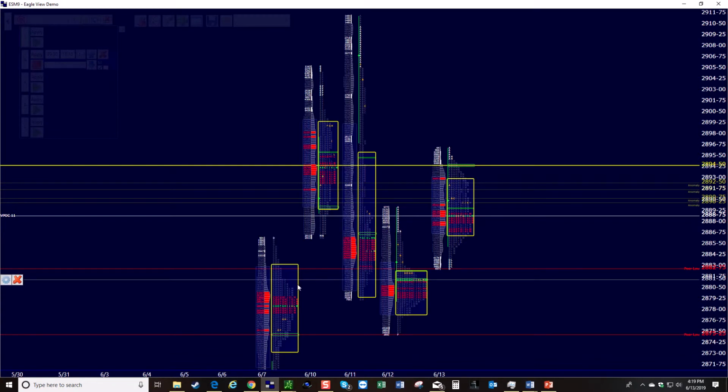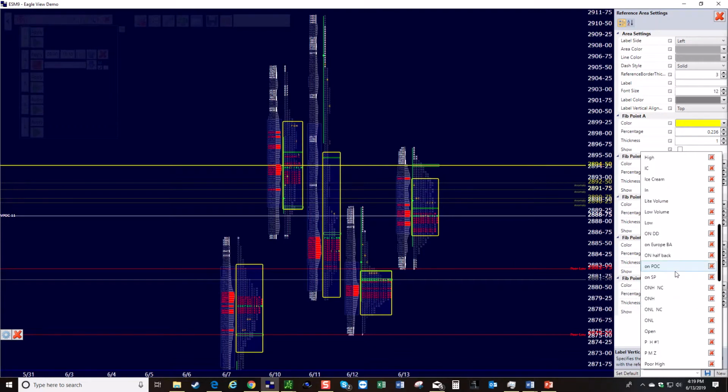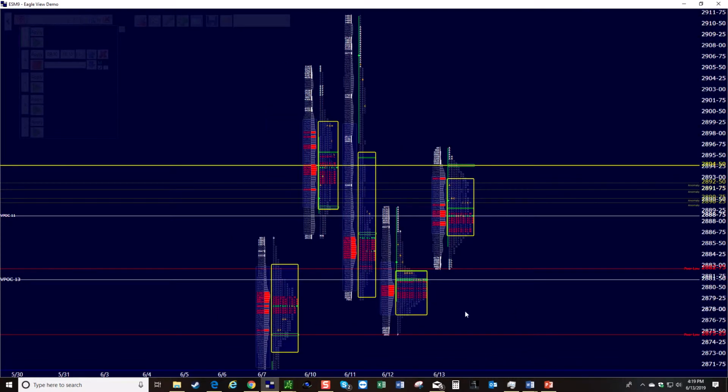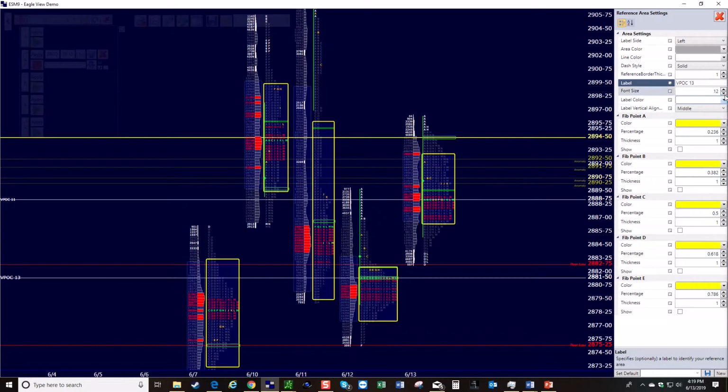And the thing about this point of control from yesterday is that I don't see this very often. It's just that the settle is right there on the point of control. So I don't know, to be honest, technically if this point of control was revisited. I'm not 100% sure because we closed on it.